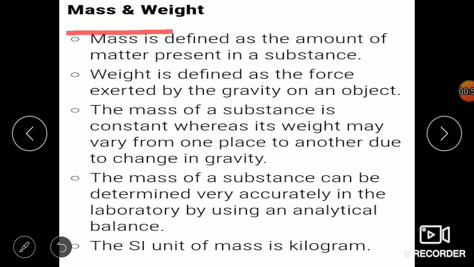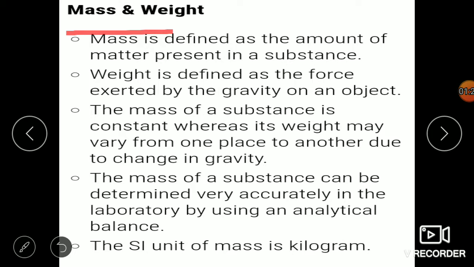In contrast, weight is the force that works on the mass. From physics you know that weight W is equal to m into g, where m is the mass and g is the acceleration due to gravity. So weight is the force exerted by gravity on an object.